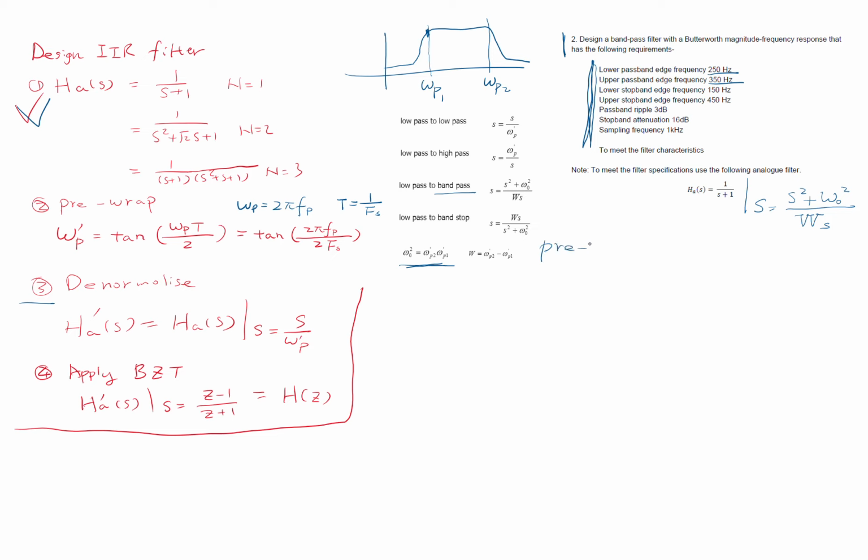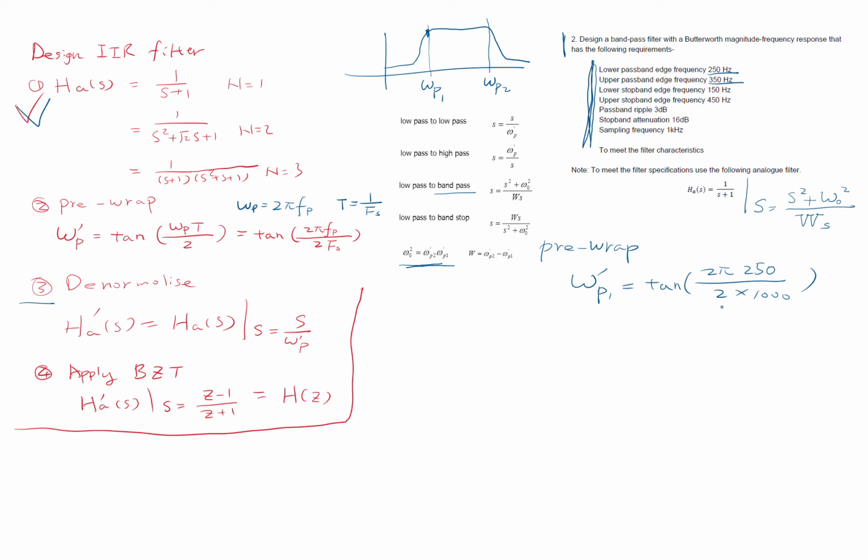So we're going to start the step, pre-warp. We have this omega P1 hat, which equals tangent of 2 pi times 250 hertz divided by 2 multiplied with the sampling frequency 1000.